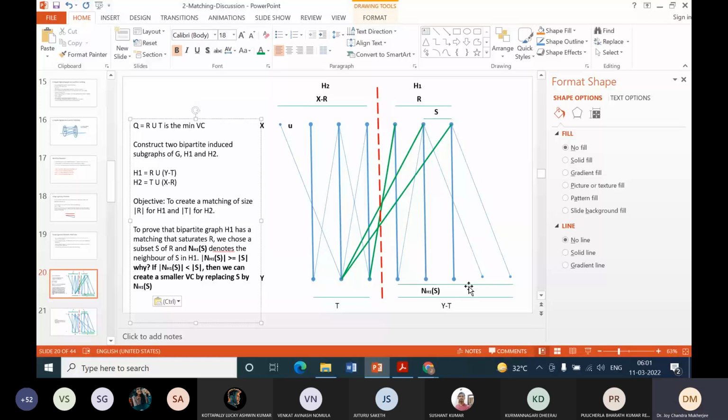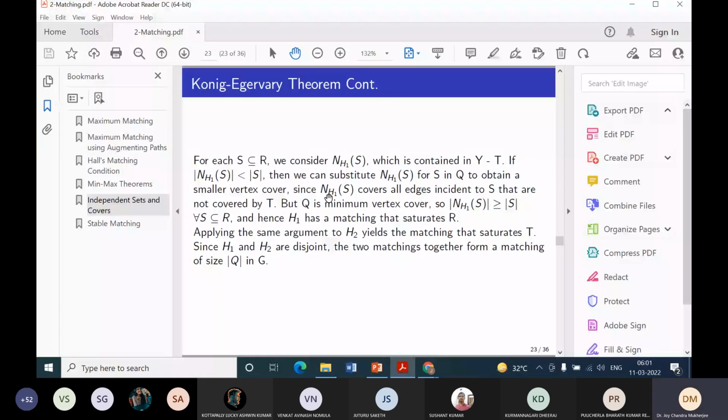If we look at the proof in this form, we choose S as a subset of R. We consider the set of vertices in H1 which are neighbors of S. If N_H1(S) is less than S, then we can substitute N_H1(S) for S in the minimum vertex cover Q to obtain an even smaller vertex cover.